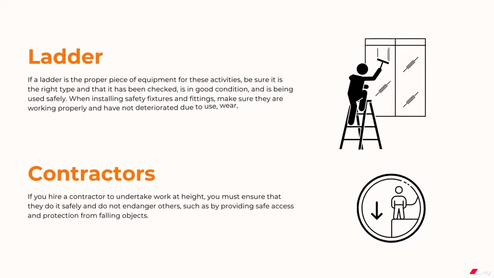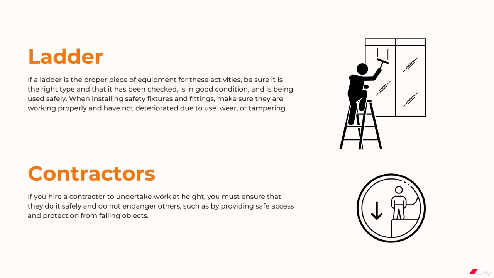Ladder. If a ladder is the proper piece of equipment for these activities, be sure it is the right type and that it has been checked, is in good condition, and is being used safely. When installing safety fixtures and fittings, make sure they are working properly and have not deteriorated due to use, wear, or tampering.